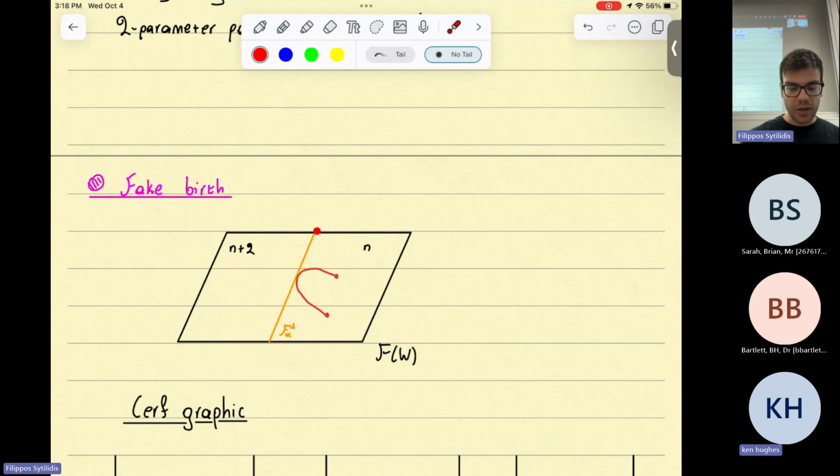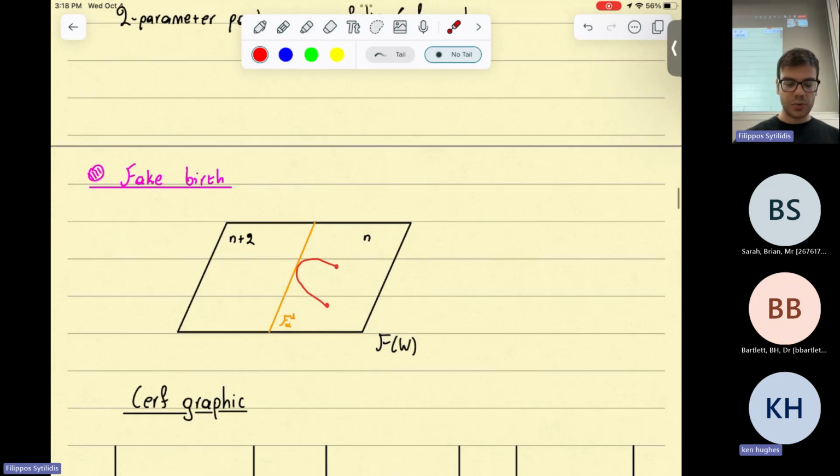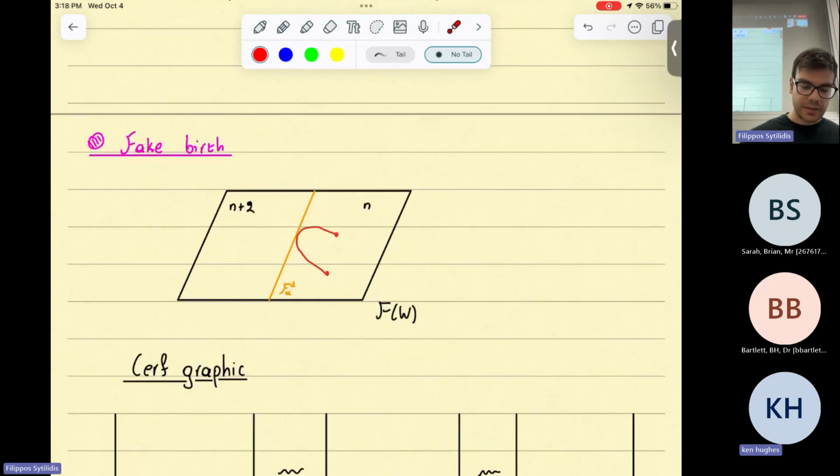This orange line is a cusp codimension 1 stratum, and here I'm going from the right to the left, or at least attempting to. If I want to cross this genuinely, I would have a birth. Here I'm having something that I'm calling a fake birth.